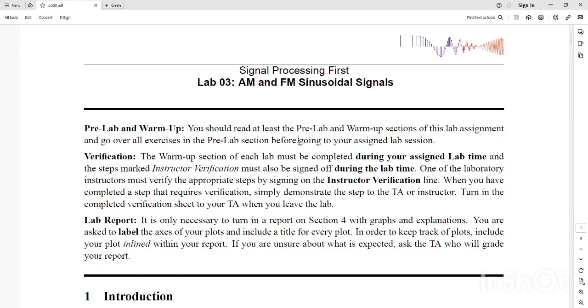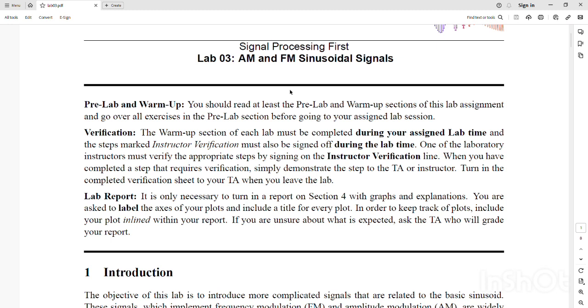Hi, so I will give you a little bit of explanation for Lab 3, amplitude modulation and frequency modulation of sinusoid signals.